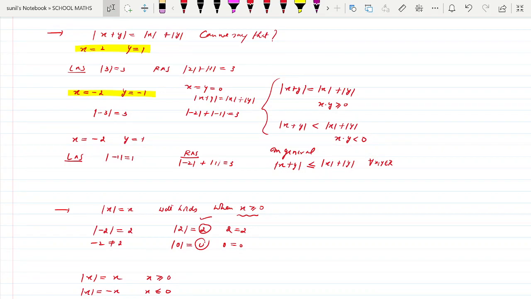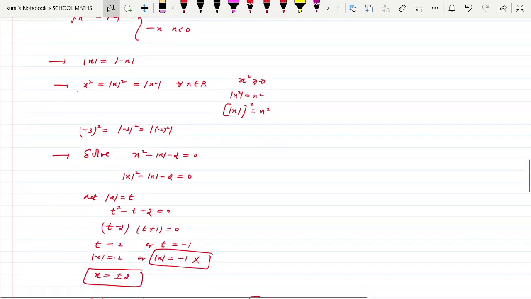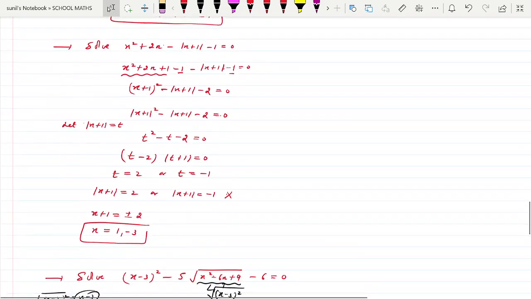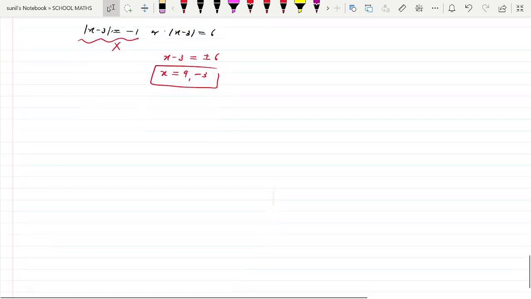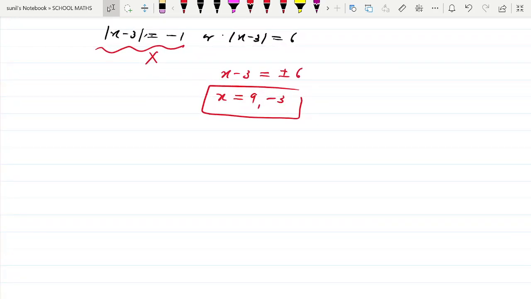Okay, now I'm asking at last one more question to you. The question is something like this: if mod x is equal to a and a is greater than or equal to 0, I can say that it is equivalent. Now in this case we can do the squaring.